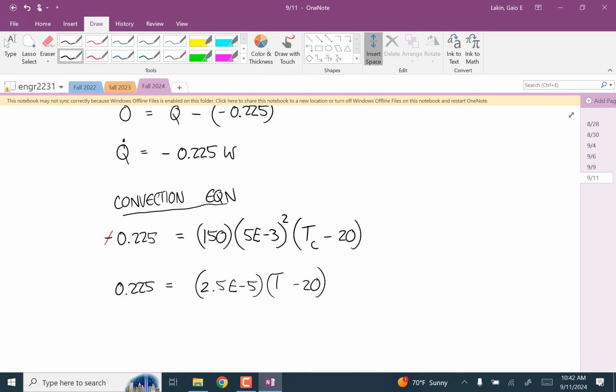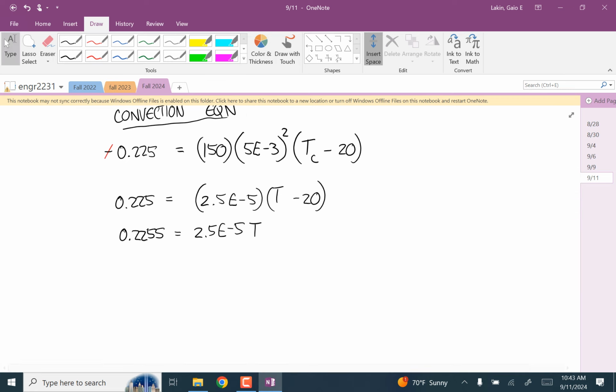And so this thing times 20. And so we get 0.2255 is equal to 2.5 times 10 to the minus 5 T. And so the temperature is high.